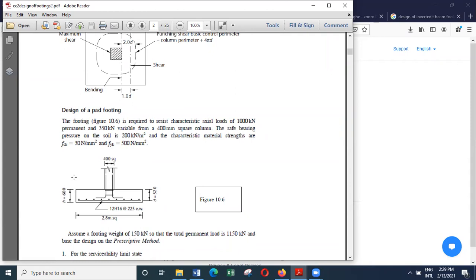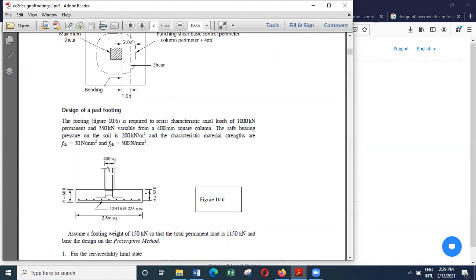But when it comes to designing the reinforcement, the weight of the base will not cause any bending moment, because the weight of the base is transferred directly where it comes. So the weight of the base will not cause any bending or shear in the base.